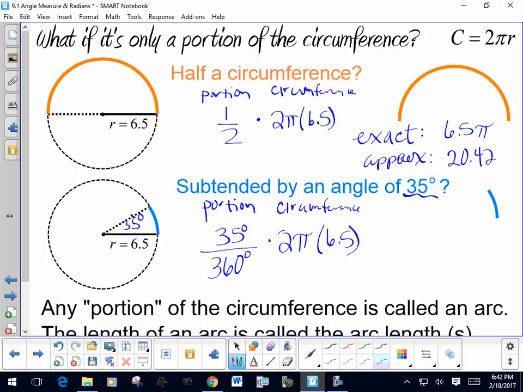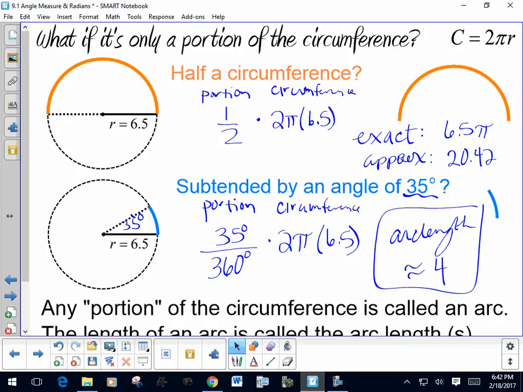So our arc length is about, just under 4, 3.97. So when you have these portions of the circumference, they are called arcs. When we're talking about how long they are, we often use that word arc length.